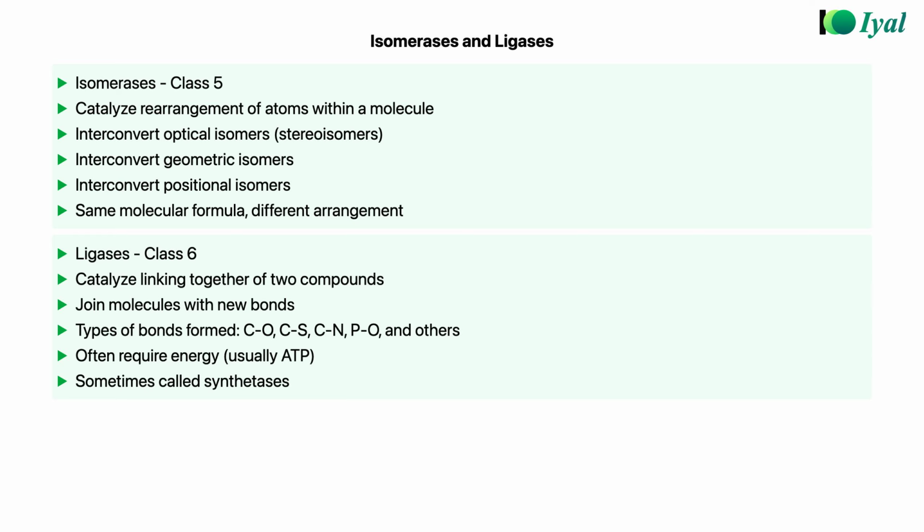They join 2 compounds together. They form new bonds: carbon-oxygen bonds, carbon-nitrogen bonds, phosphorus-oxygen bonds, and others. Ligases usually need energy to work, often from ATP. They're sometimes called synthetases. DNA ligase is a famous example. It joins DNA fragments together.